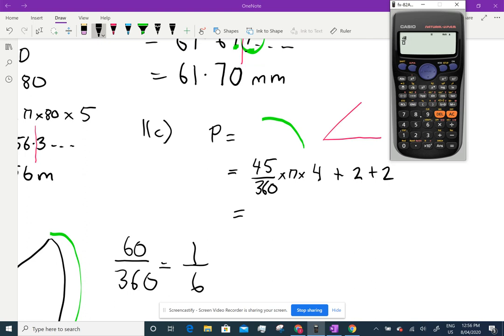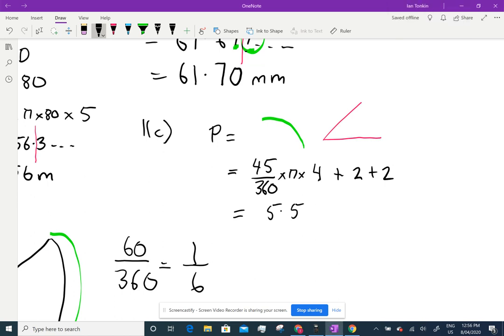So what have I got? 45 on 360 times pi, shift this button here, times 4, the diameter, plus 2, one of the radii, plus the other radii, 5.57. 5.570.